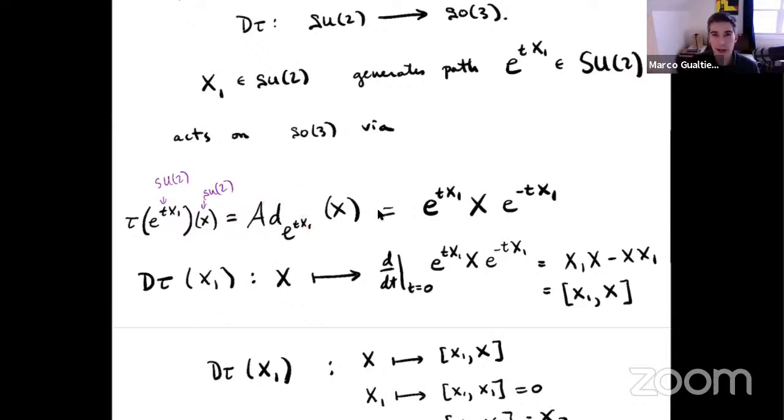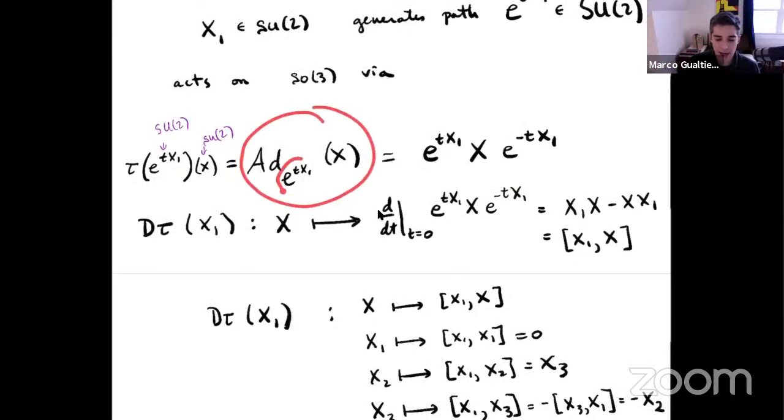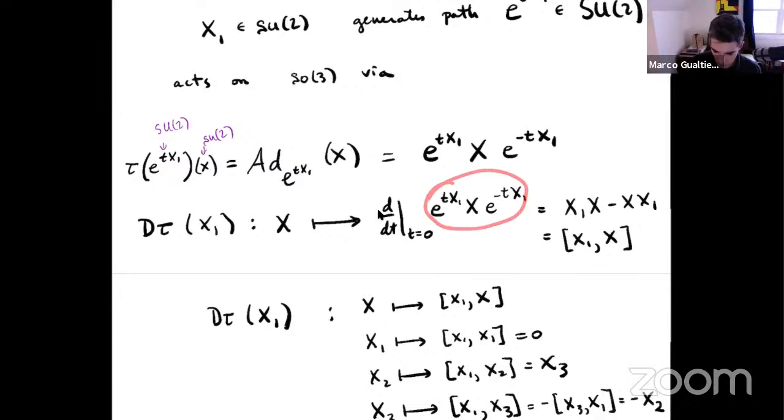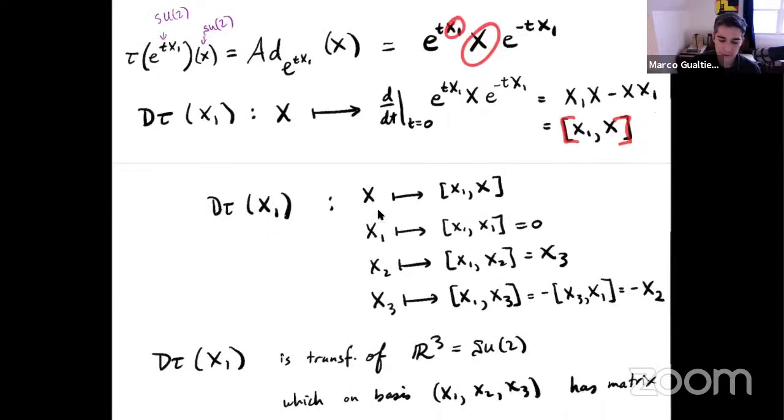So we have the big adjoint action by a path of unitary matrices. If I differentiate with respect to t, we get one term from the first factor that includes t and another term from the second. We did this calculation: x1 x minus x x1. So it's actually the little adjoint action, the commutator against x1. The infinitesimal way in which this acts is by the commutator of x1 with the given matrix.